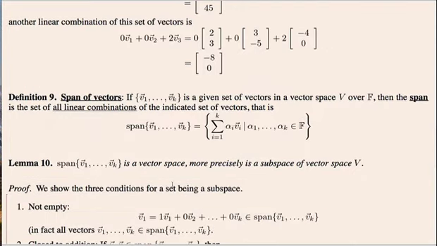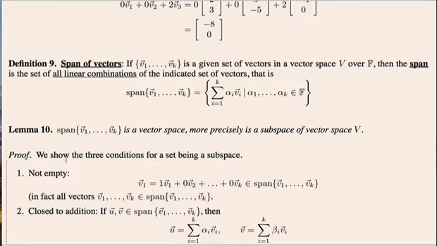And it's relatively easy to see that this span is actually a vector space. More precisely, it's a subspace of vector space V. So we can actually prove this. We can show that the three conditions of a set being a subspace hold. First of all, it's non-empty.